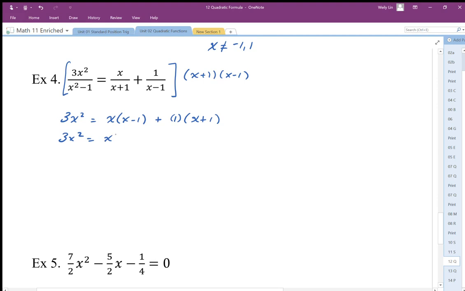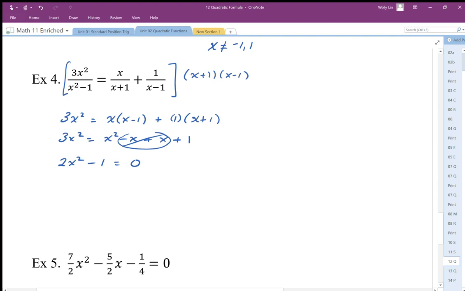Okay, multiply this out. These cancel out, so we end up with 2x squared minus 1 equals 0.